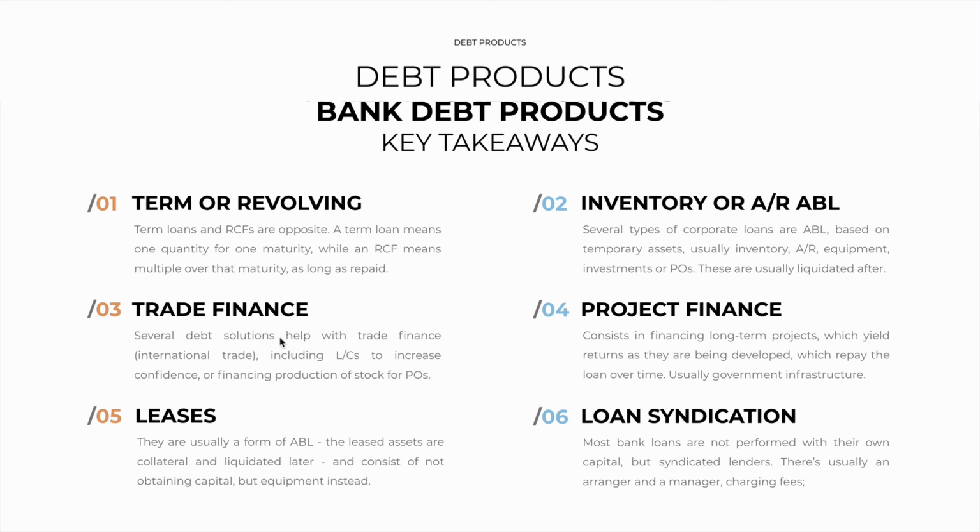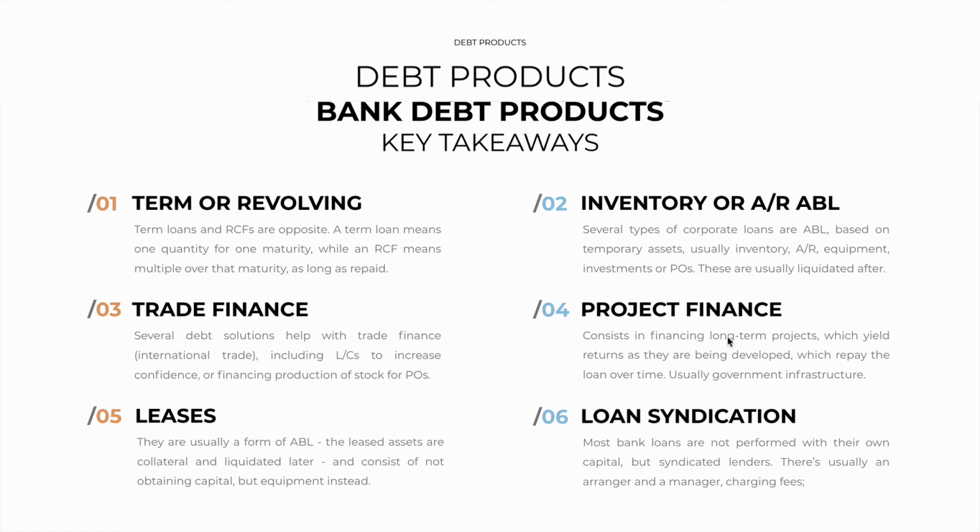Many debt products help companies with trade finance, that is, international situations which may be unpredictable. This includes letters of credit, which increase confidence for both parties because the bank assures that the goods will be paid for, but only when they arrive. Or, for example, financing production of stock to satisfy purchase orders.